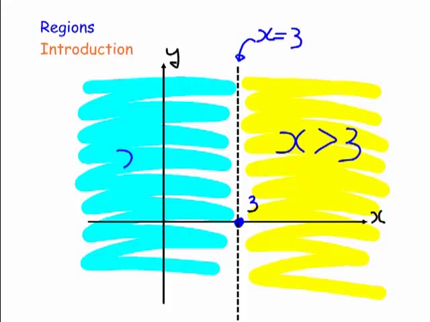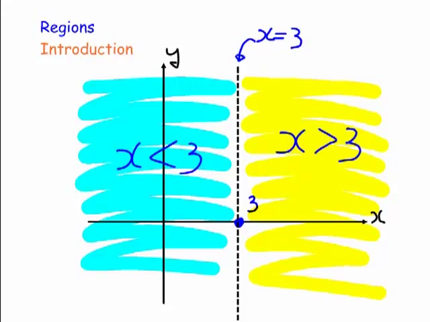And on this side, x is going to be less than 3. So you can see the inequality symbol is quite important. The actual boundary of the region, whether it's solid or dotted, is determined by the inequality symbol. If it's a less than or greater than symbol, then the boundary is dotted. And if it's a less than or equal to or a greater than or equal to symbol, the boundary is solid, or if you like, the boundary is actually included in the region.